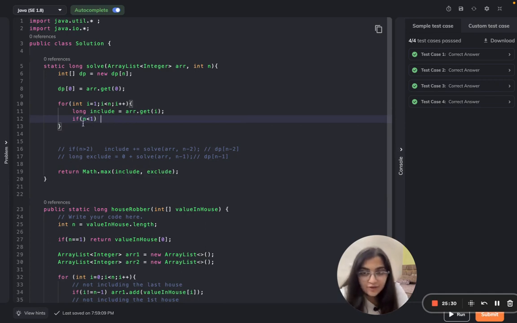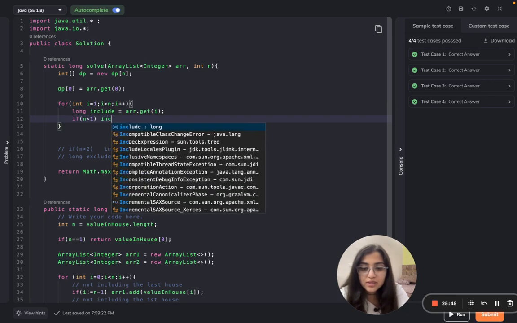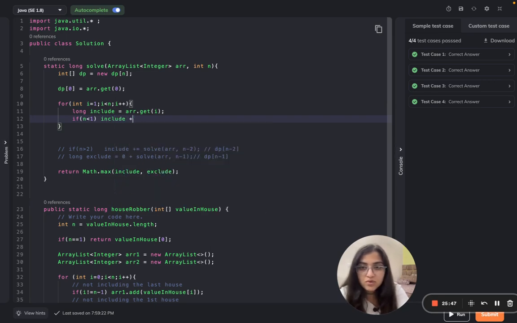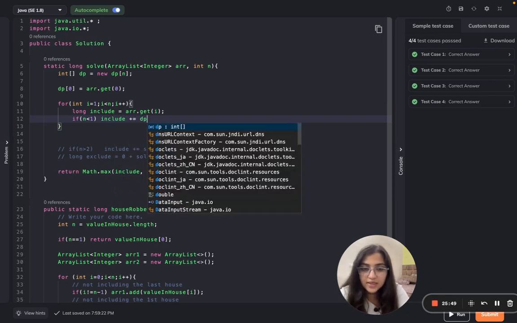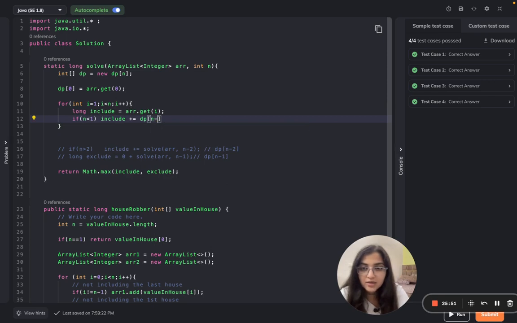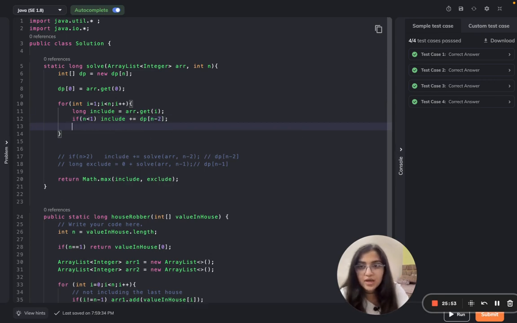Why am I writing 1? Because we are starting with 1, so n is already 1 and this will not be less than 1, right? So in this case, include will be equal to include plus dp at n minus 2 position. And a similar thing we'll do for the exclude.